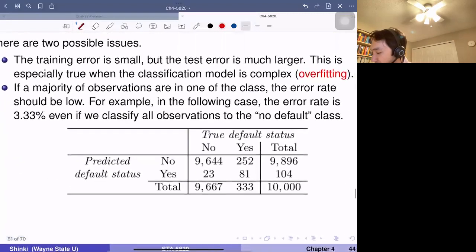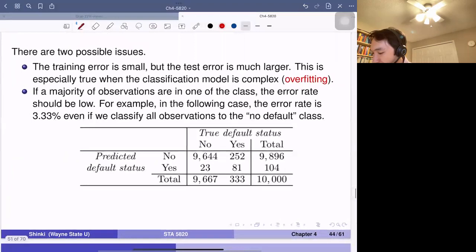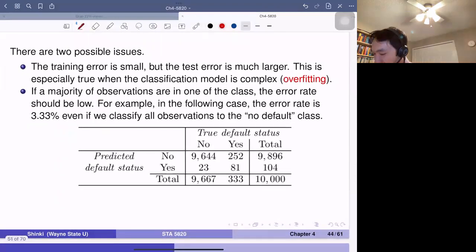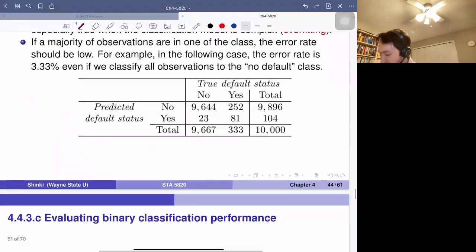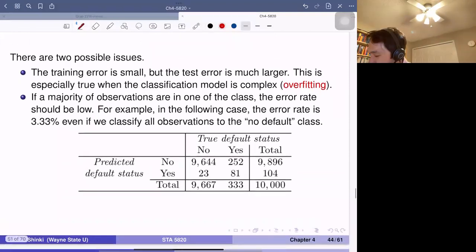So this is the default status by logistic regression, I think. Okay, not that great. This is the true default class, sometimes called the gold standard. So this is the true label, and this is the predicted label.